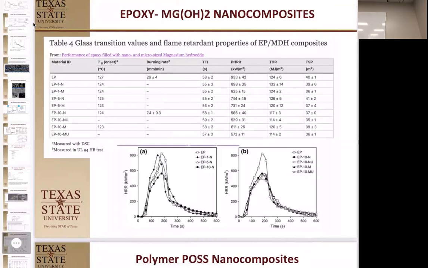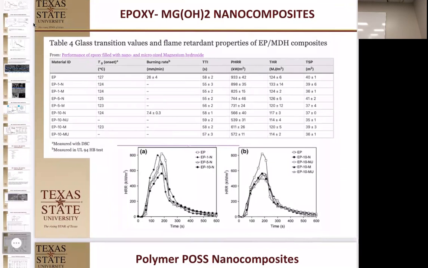Okay, so just the EP polymer itself has a Tg, which doesn't really change much. The time to ignition is 58 seconds. So notice that none of the time to ignitions change much. There's no delay in that ignition time. But the peak heat release rate is significantly different in the nano materials, especially the 10% untreated and treated right here.